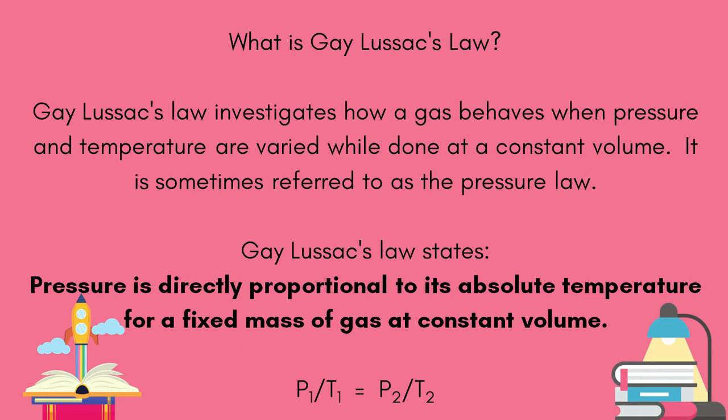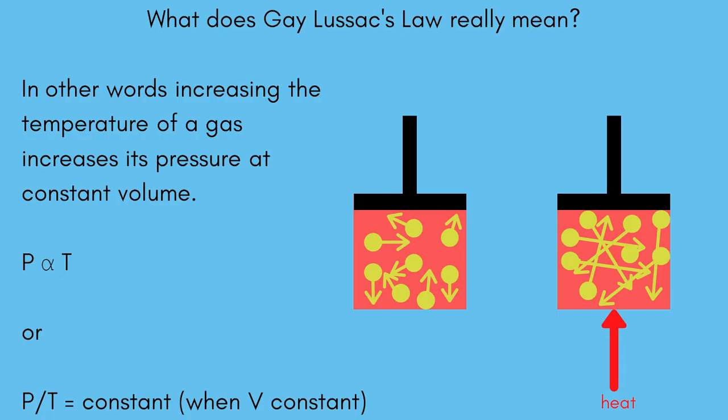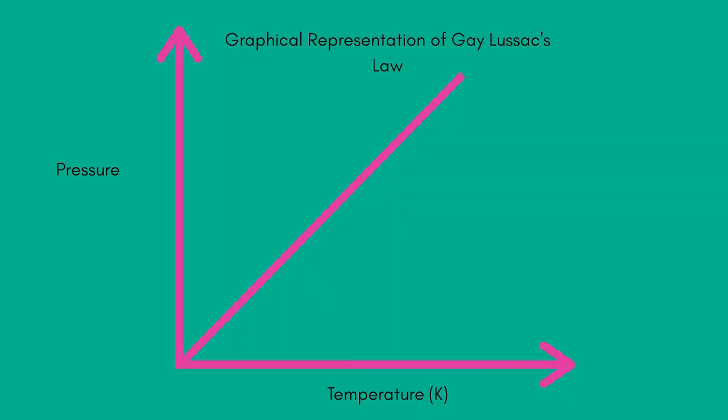Mathematically expressed, P1 over T1 is equal to P2 over T2. In other words, increasing the temperature of a gas increases its pressure at constant volume. Here's Gay-Lussac's law graphically represented.